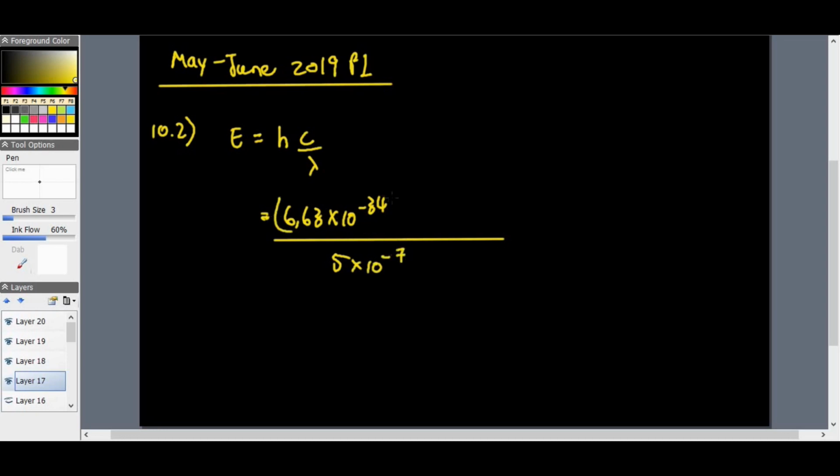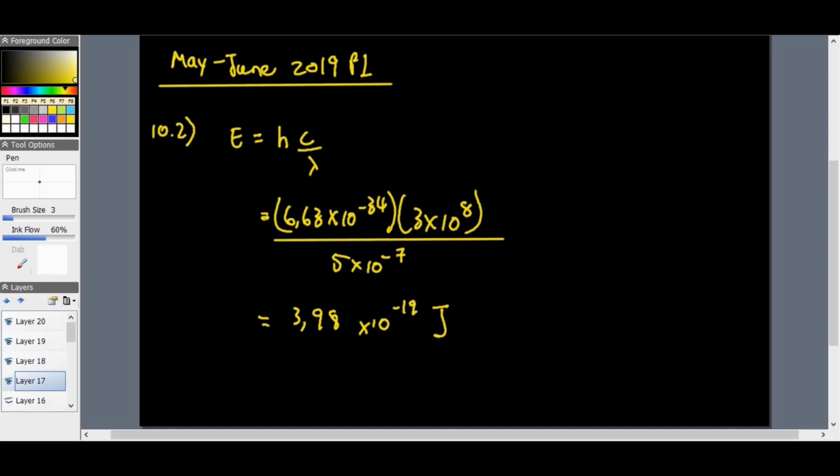And the speed of light is 3 times 10 to the 8 meters per second. If we do that on a calculator, we get an answer of 3,98 times 10 to the power of negative 19 joules.